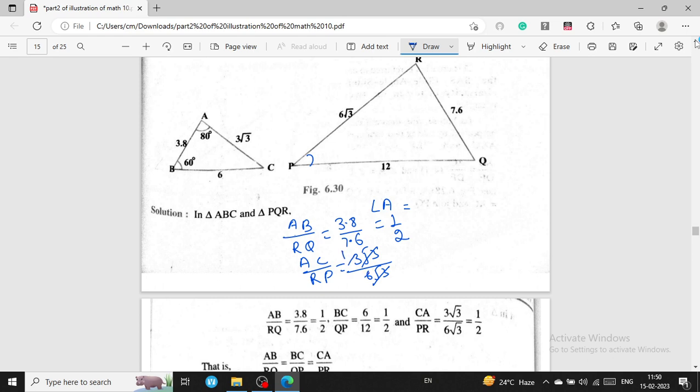3√3 cancels, 3 ones are 3, 3 twos are 6, that is 1/2, and BC over PQ is equal to 6/12, which is 1/2.